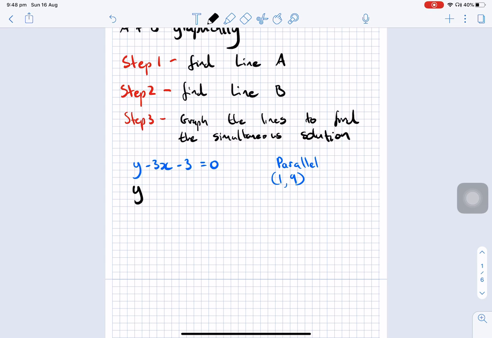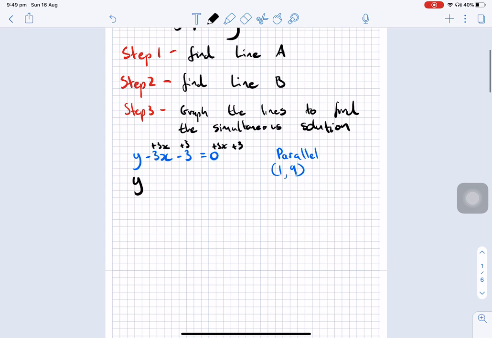So we're going to add 3x and add 3 and take those over to the other side. What we do to one side, we must do to the other. So we've got y equals 3x plus 3.